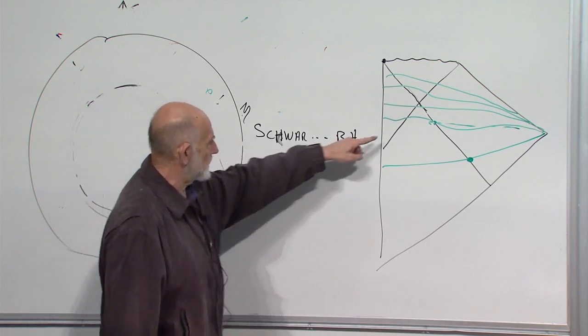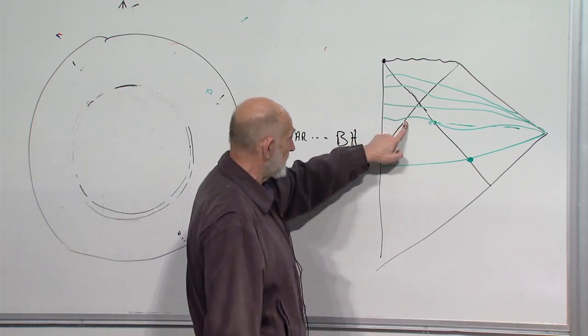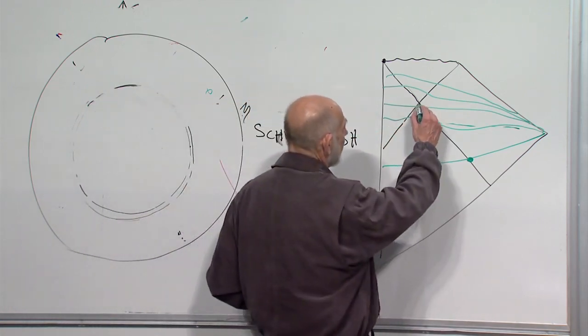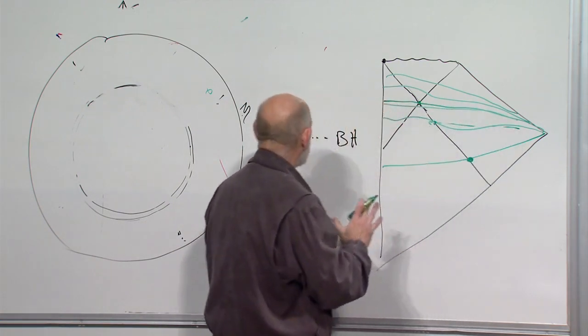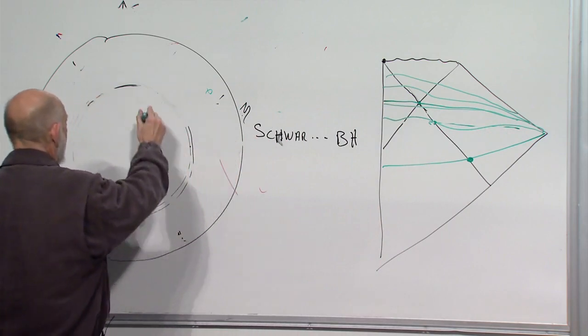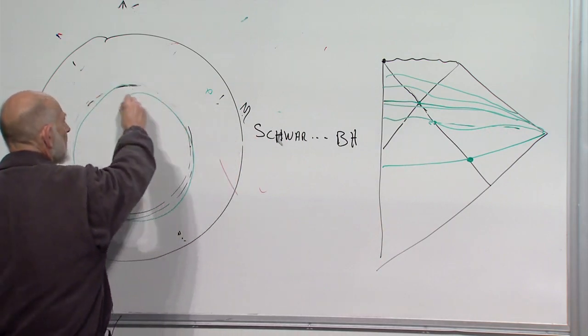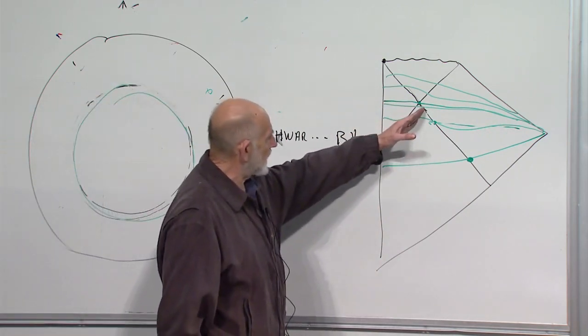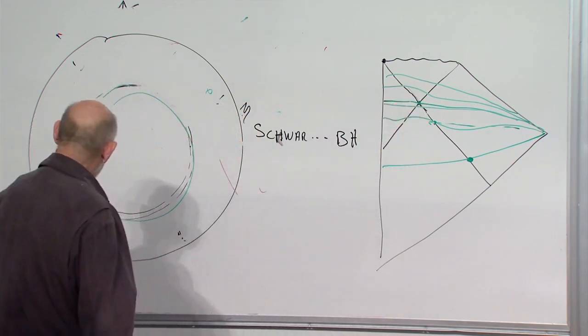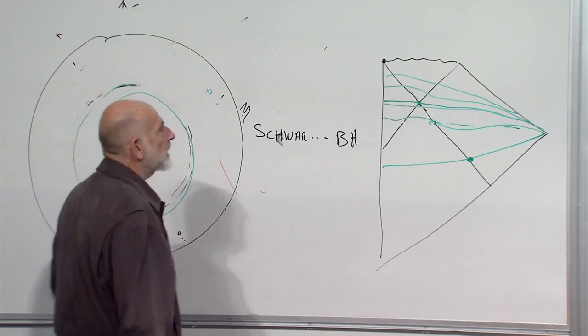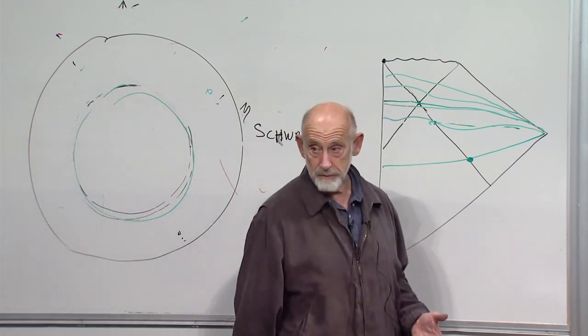There is a horizon over here. At this point, that's the time at which the shell passes its own Schwarzschild radius. It's the time that the shell passes into the interior of the horizon, and once that happens, it can't get out.